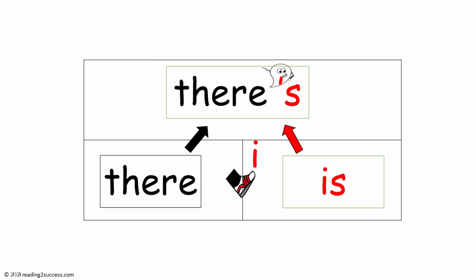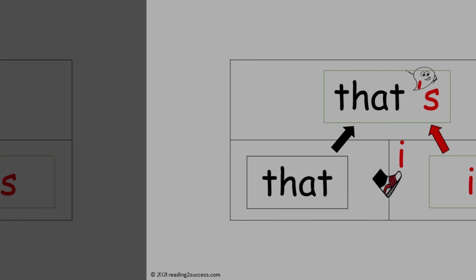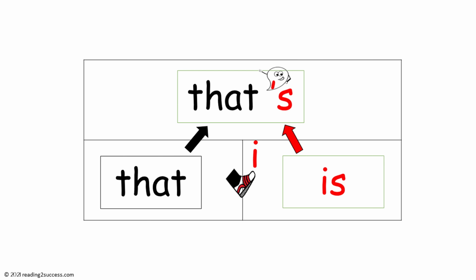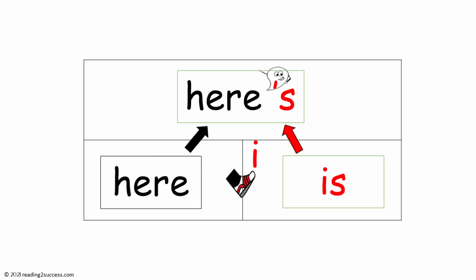Put there and is together. Toss out the I and make the contraction theirs. Put that and is together. Toss out the I and make the contraction that's. And put here and is together. Toss out the I and make the contraction here's.